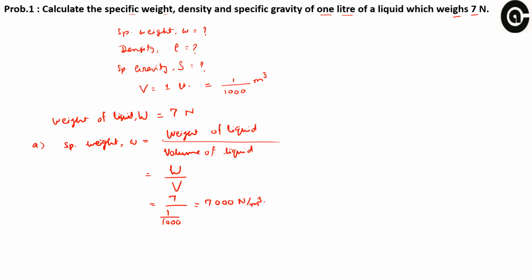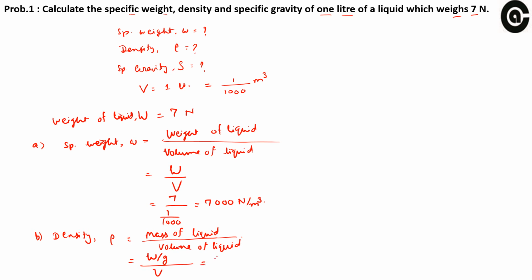And in the second case, we have to evaluate density rho, which is given by mass of liquid to volume of liquid. Now mass will be weight upon gravity.